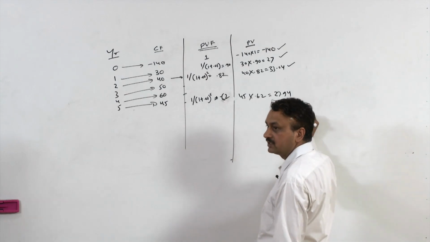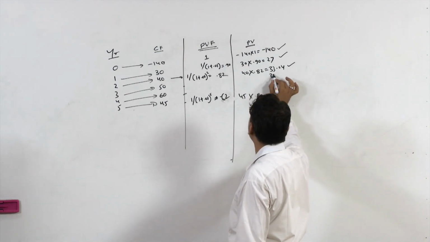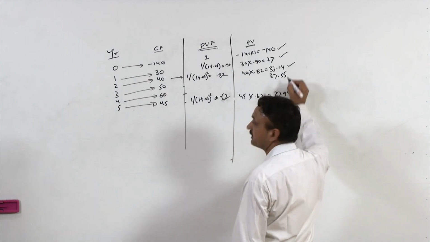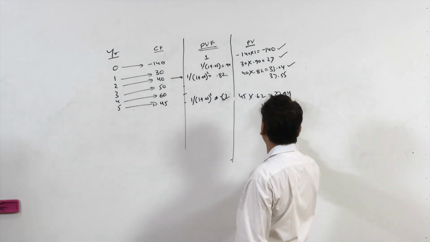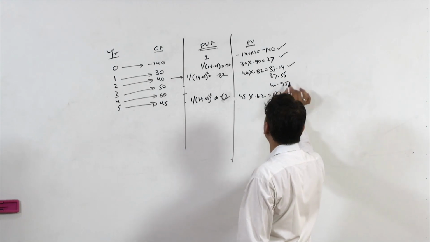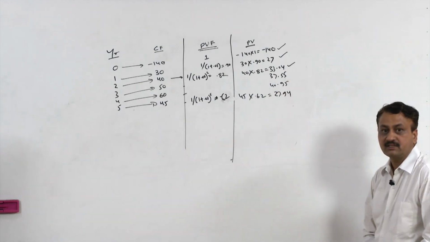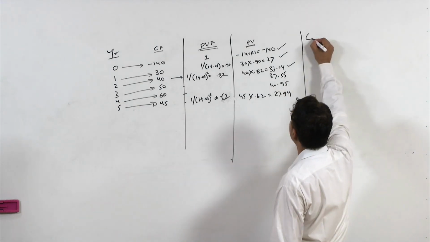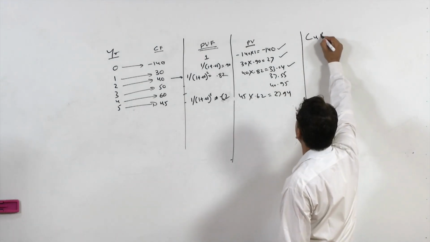So, this is the present value of the 0th year, first year and second year; the third and fourth you can of course calculate. These values are 37.55 and 40.98. Now since you have got present values, you can easily calculate the cumulative present value.